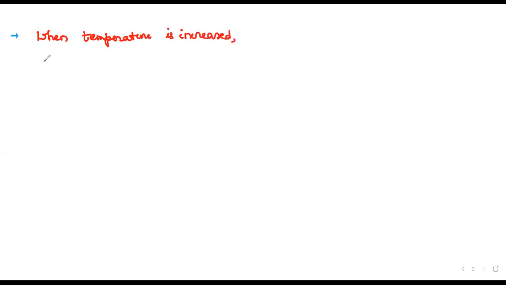Then we know rho and of course R both will change, both are increased. So what can we say here? When temperature is increased, resistivity and resistance both are increased.